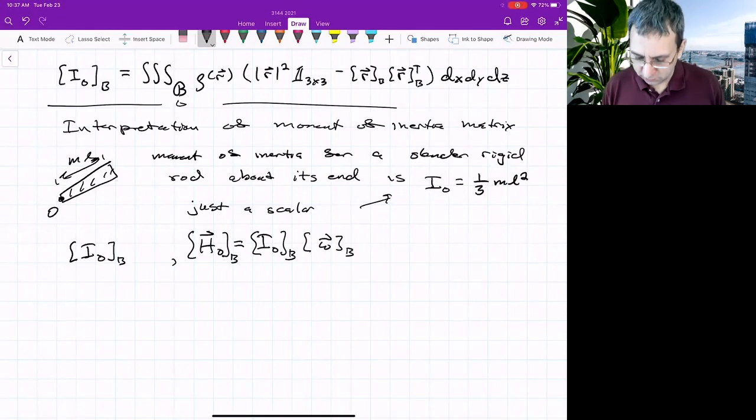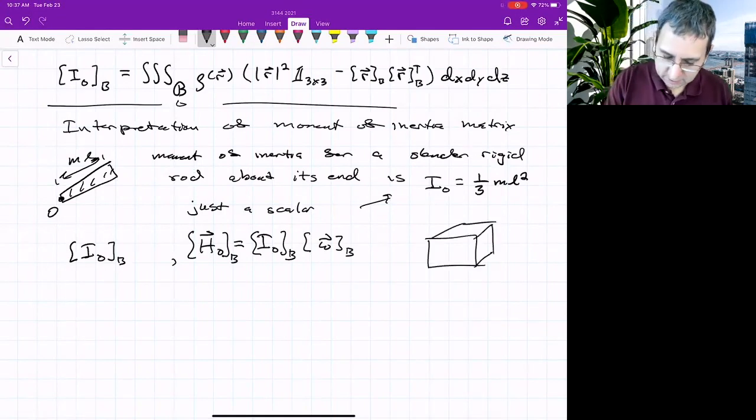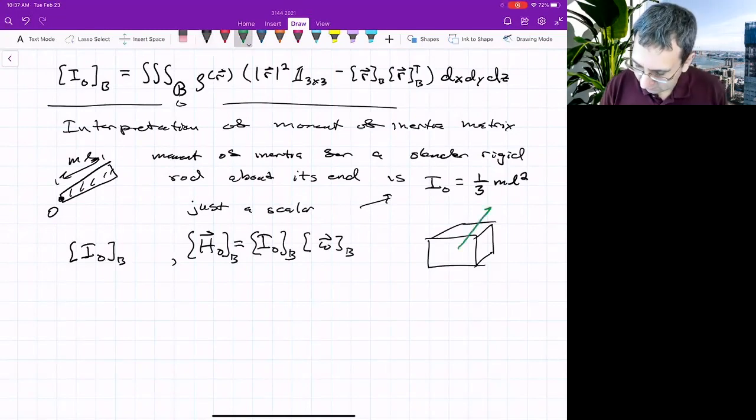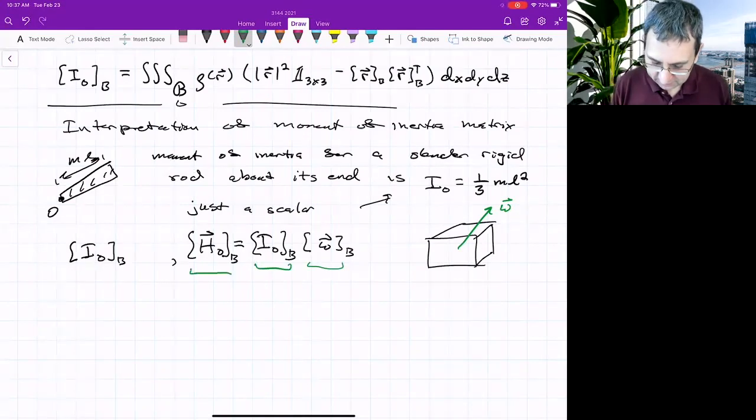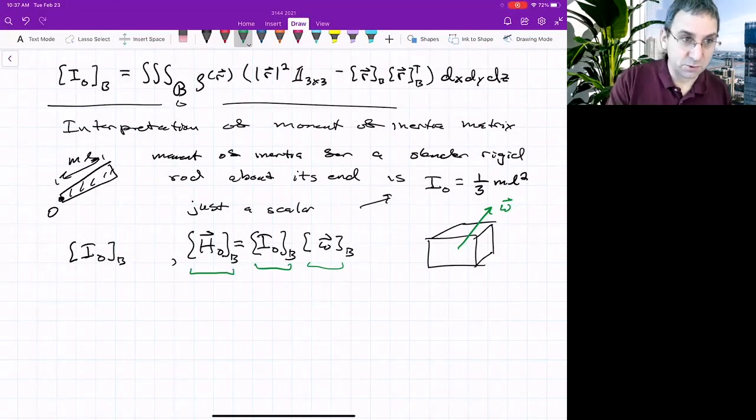Here's the issue. If you have some rigid body and you've got an angular velocity, if you multiply that angular velocity vector by this 3 by 3 matrix, you're typically not going to get an angular momentum that's in the same direction. It'll be in some other direction.